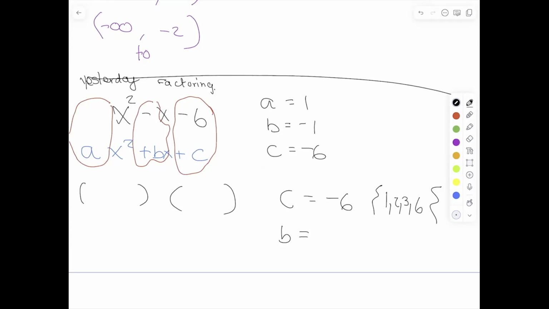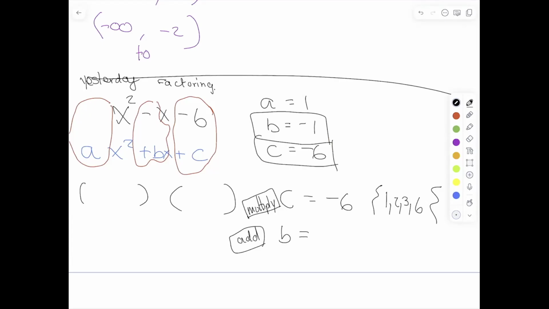What about B? What 2 numbers from that list can I use together, because B is to add and C is to multiply? What 2 numbers, when I multiply them, give -6, and when I add them, give -1?